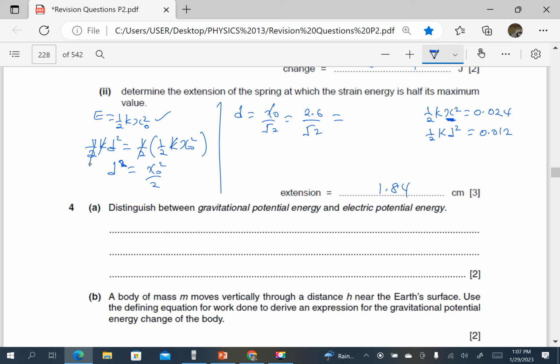Distinguish between gravitational potential energy and electric potential energy. So what is the difference?